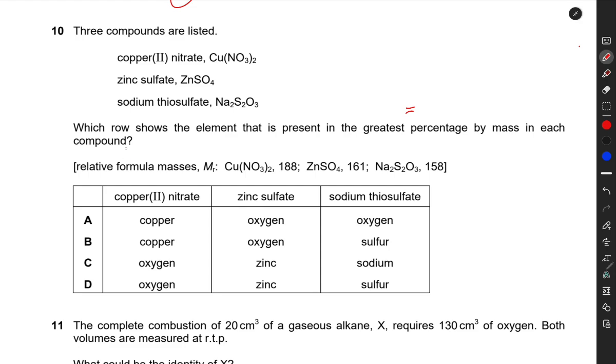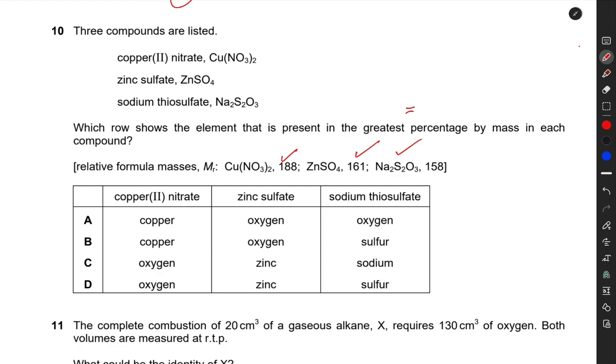In each compound, which row shows the element that is present in the greatest percentage by mass? Mr of copper 2 nitrate is 188, zinc sulfate is 161, Na2S2O3 is 158.